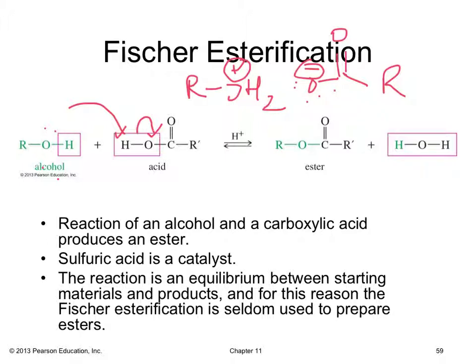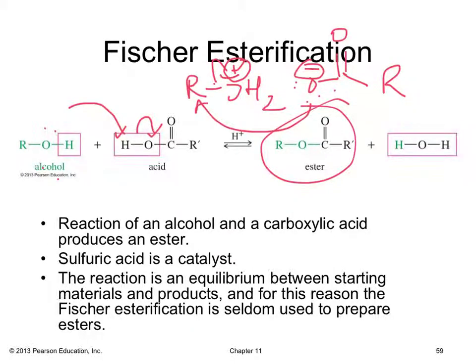So this can leave, and this can react, forming the ester. The reaction is in an equilibrium between starting materials and products, and for this reason, Fischer esterification is seldom used to prepare esters.